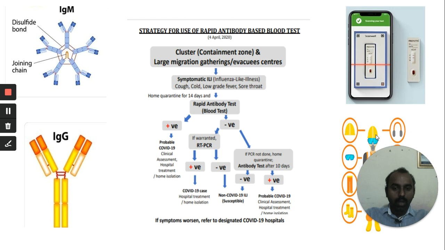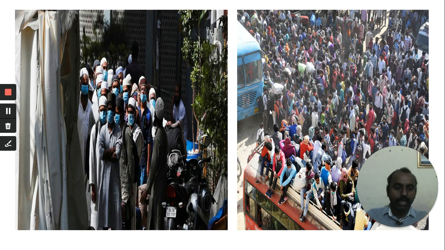So how this test is performed is that, suppose you find a cluster. So what is a cluster? In India, recently we have come across two clusters, mostly in Delhi. One is a religious congregation. The other is from the massive labor movement from one state to another state.